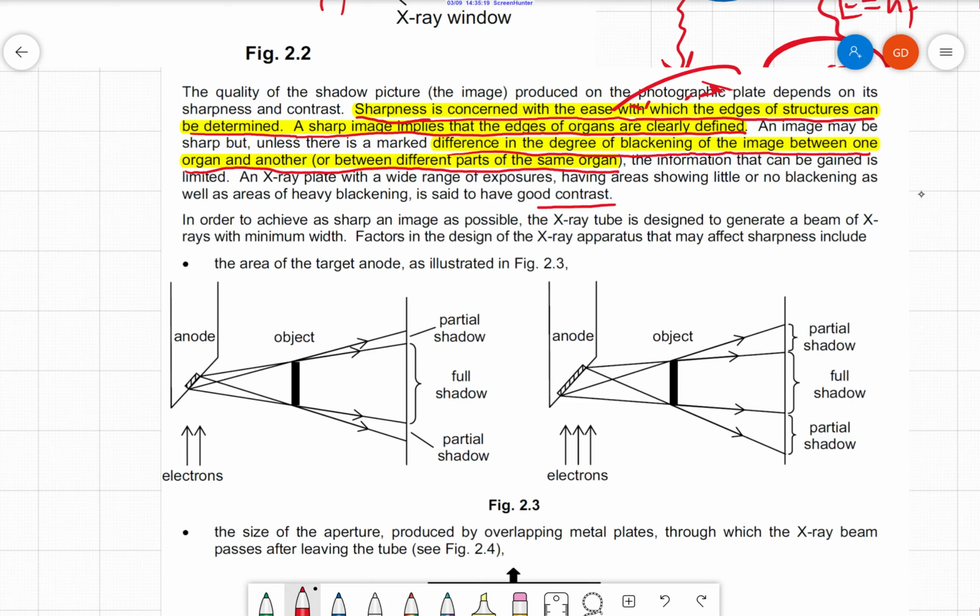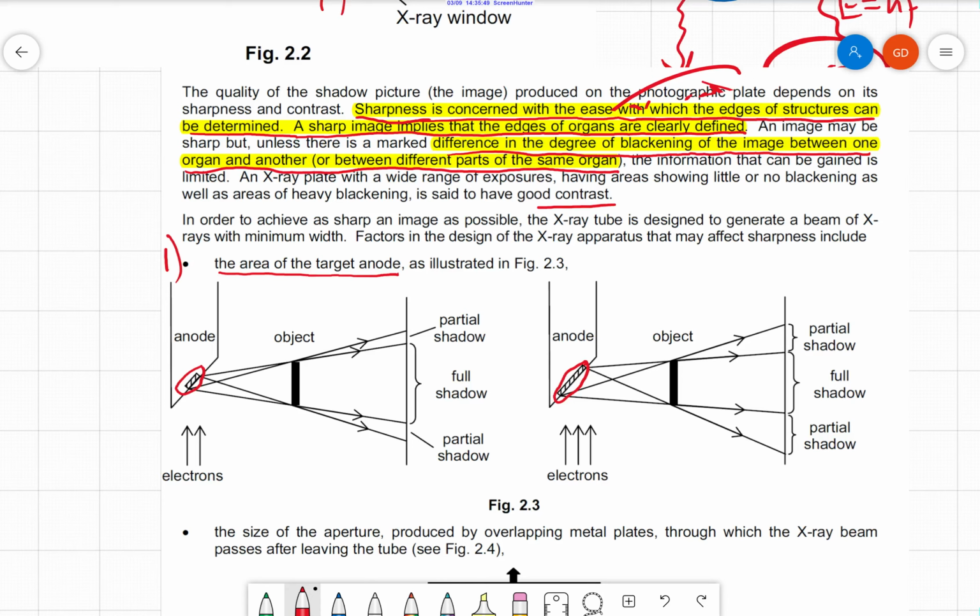We can mention three factors here upon which sharpness depends. First, we have the area of the target anode. Notice with me that when I use an anode here, which is tungsten as we know, this anode here has a larger area than this one here.